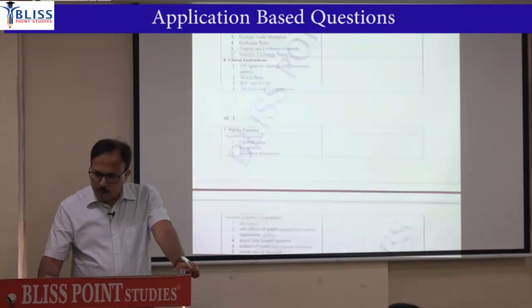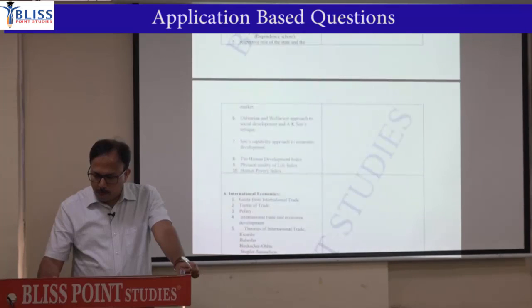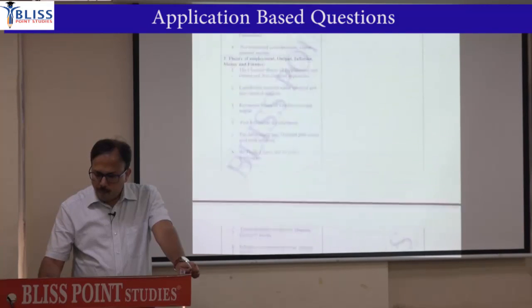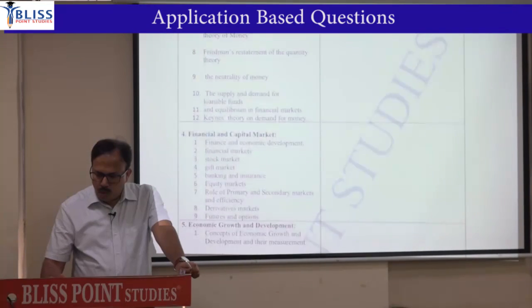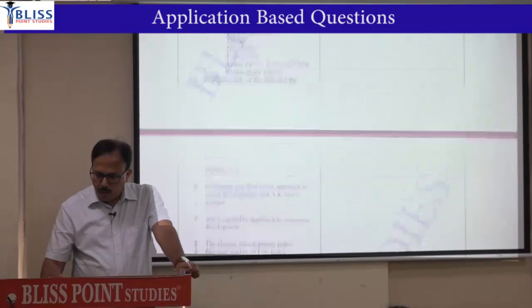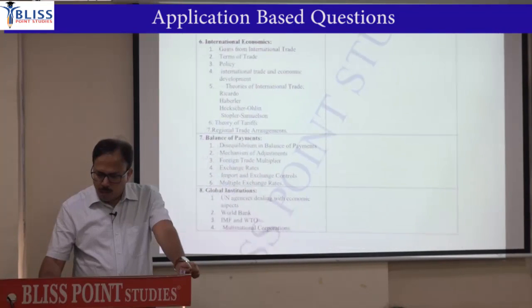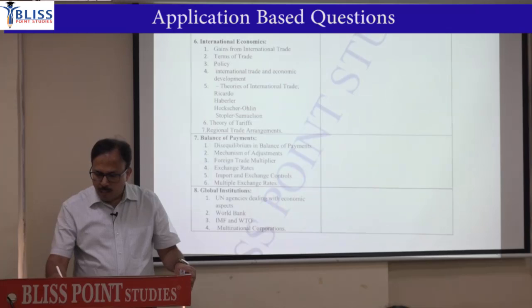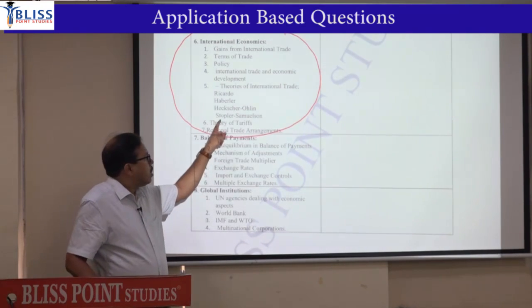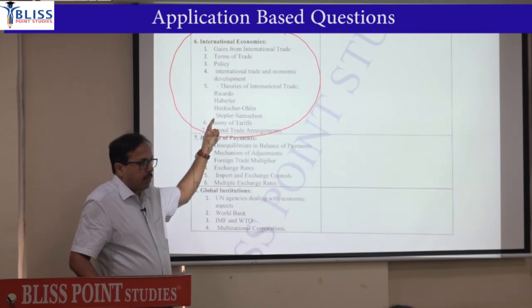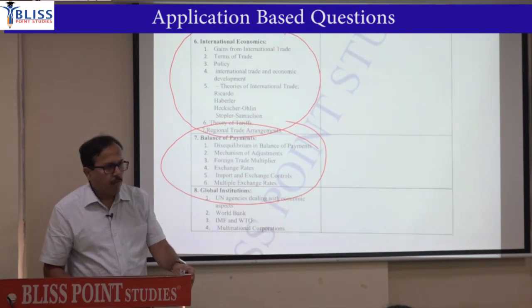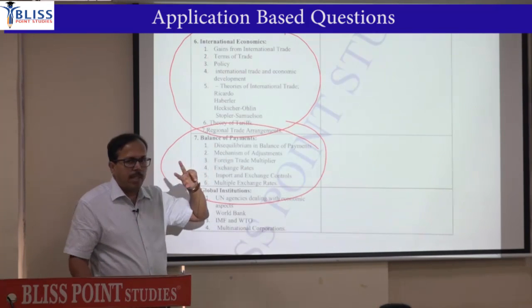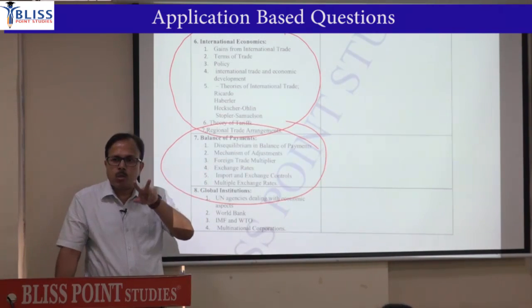In the Indian Economic Service, this is part of General Economics 2. This is part of the General Economics 2 paper. This Economics 2 includes, I am referring to this section, international. This part is all about theories of trade, and balance of payment is a separate part. Balance of payment part is this. So I have divided international into two parts.